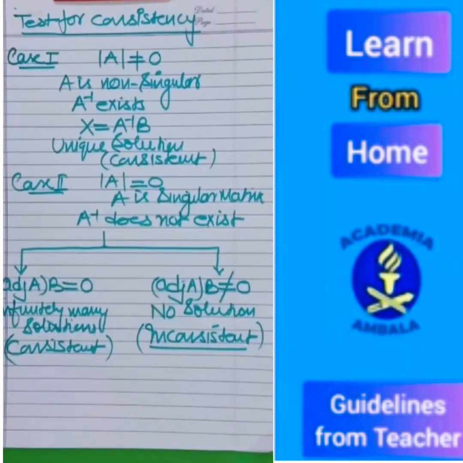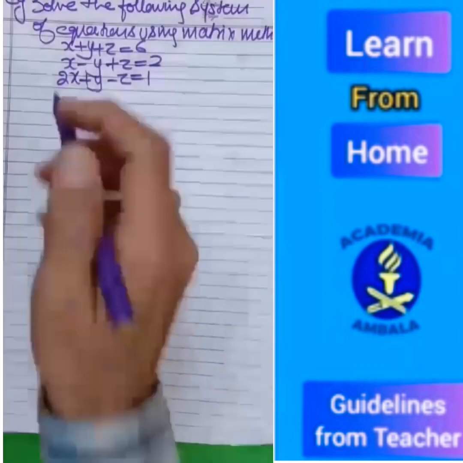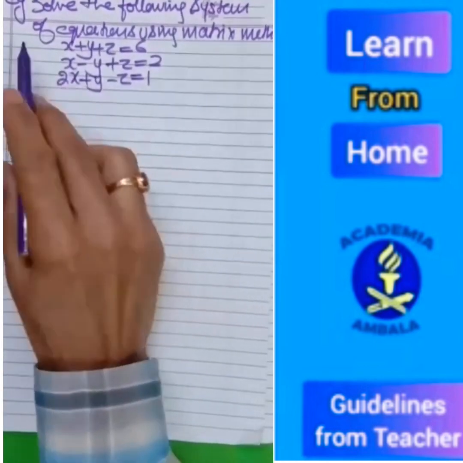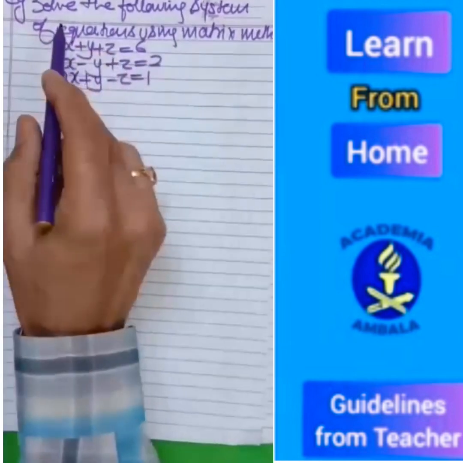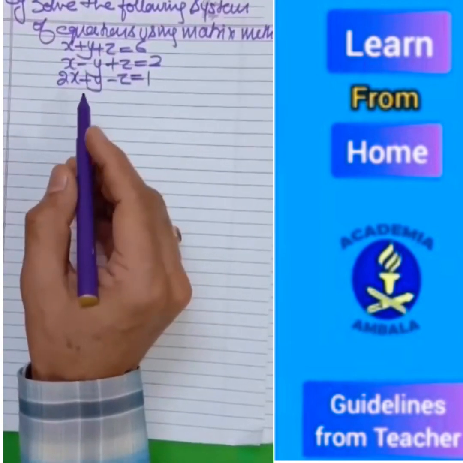Before solving a system of equations, we have to check this test of consistency for every system of equations. Now children, come to the problem. Let us consider the first problem. Solve the system of equations using the matrix method.